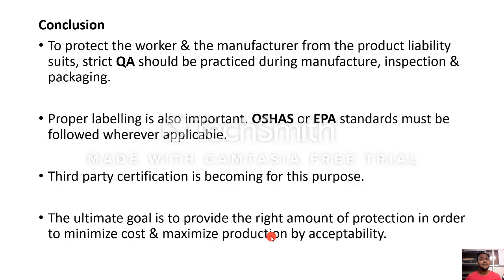There are various classifications of chemical protective clothing, like durable chemical protective clothing and disposable chemical protective clothing. There are three classifications. Durable clothing means something which will withstand more washes.